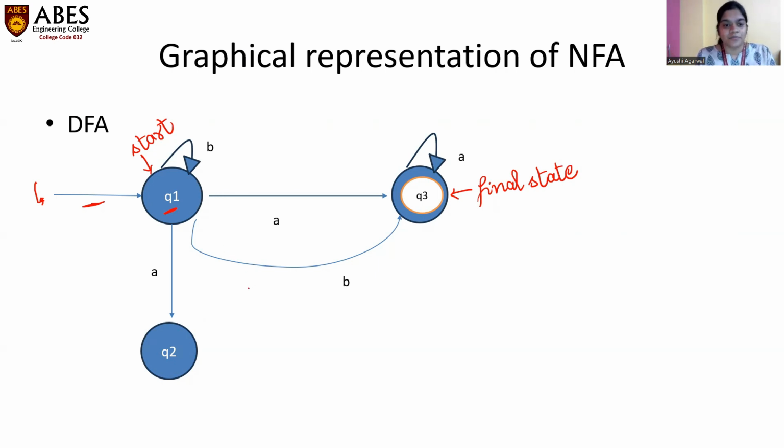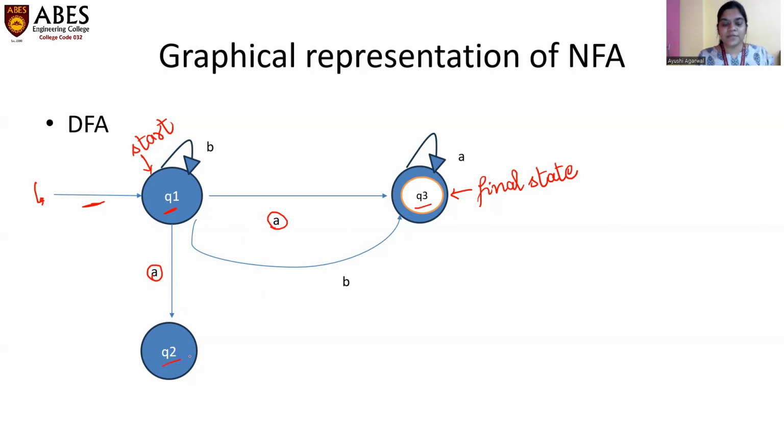Now let's see this graphical representation of NFA. The initial state has the same representation, that is with an empty arrow. Any double circle state is always a final state, which is also similar to the DFA. Now see over here, by reading input A from state Q1, we are moving to two different states. One, we are moving to state Q2 and another we are moving to state Q3.